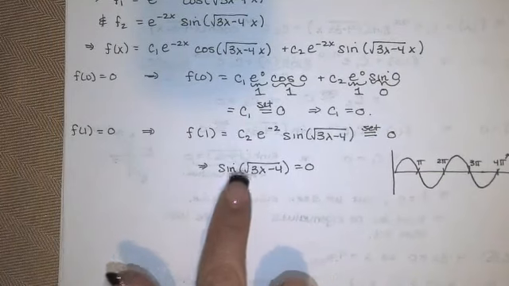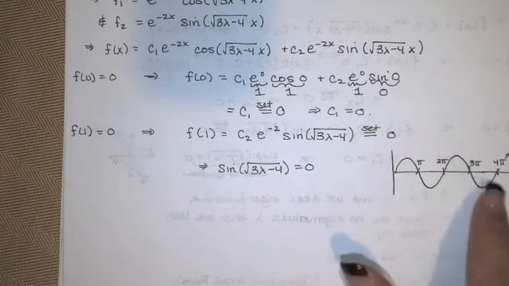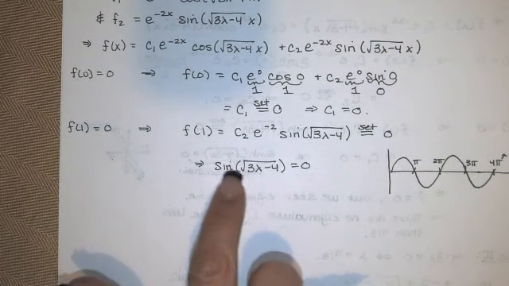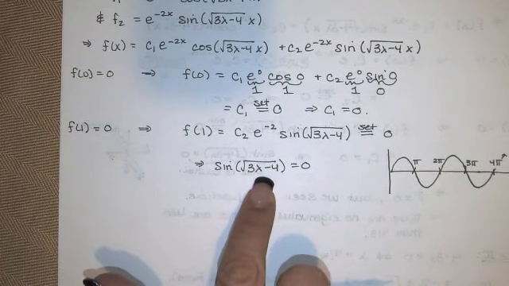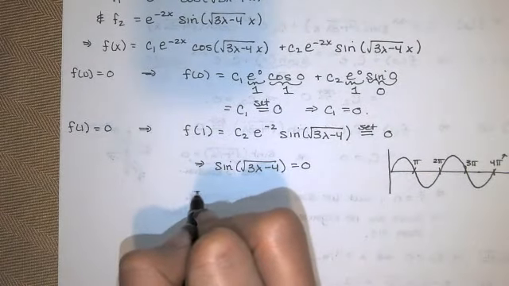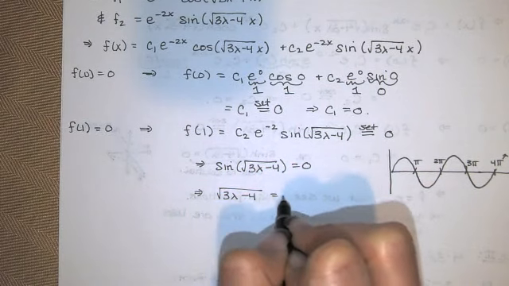So we are only interested in the multiples of pi over here, where this expression inside the sine function is positive. We want that expression inside to be equal to a multiple of pi.